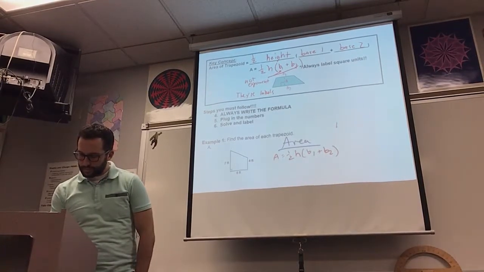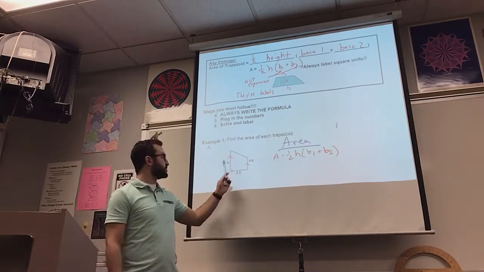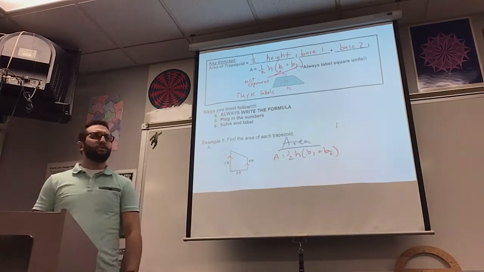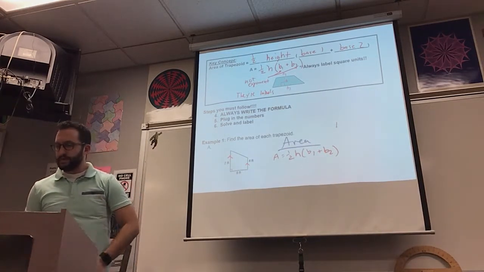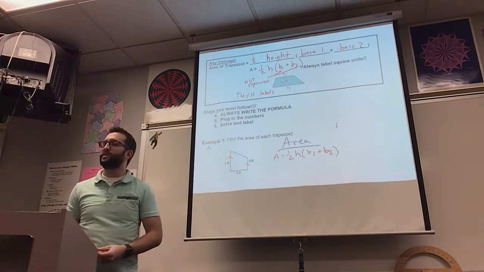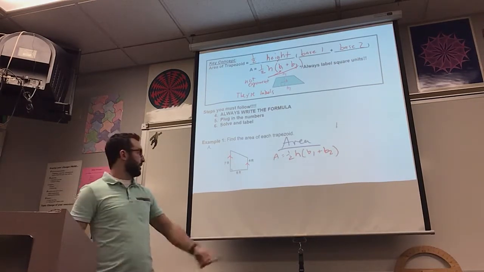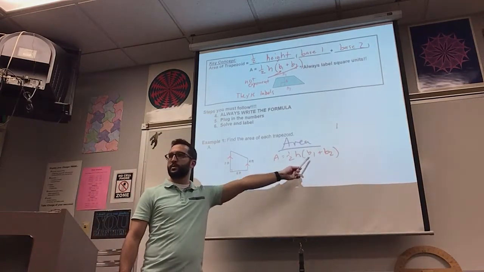Well, this little arrow means parallel. So these 2 must be parallel, because we're told it's a trapezoid, which means that these 2 must be the bases. Does it matter which one is B1 or B2? No. What's 7 plus 2? What's 2 plus 7? Okay, what's 7 plus 4? What's 4 plus 7? See how it doesn't matter which one is which?